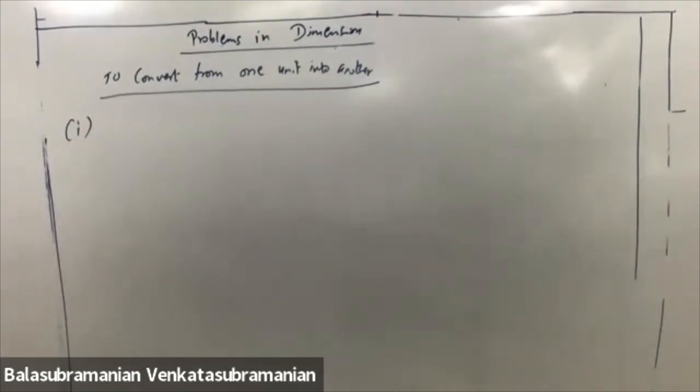If the value of universal gravitational constant in SI unit is 6.6 into 10 power minus 11 Newton meter square kilogram power minus 2, then find its value in CGS system.